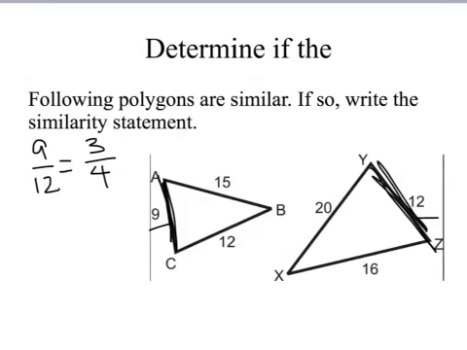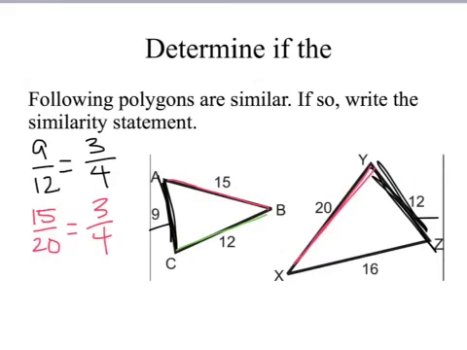Then I have to see whether the rest of the corresponding sides have the same scale factor. Looking at the largest sides, 15 is the largest side on the small triangle and 20 is the largest side on the other triangle. A ratio of 15 to 20, dividing by 5, gives us 3 over 4. So it's good so far for 2 out of the 3.